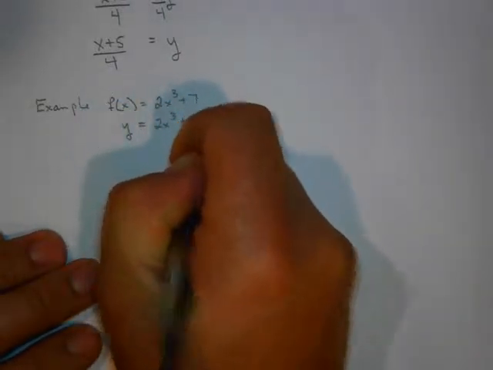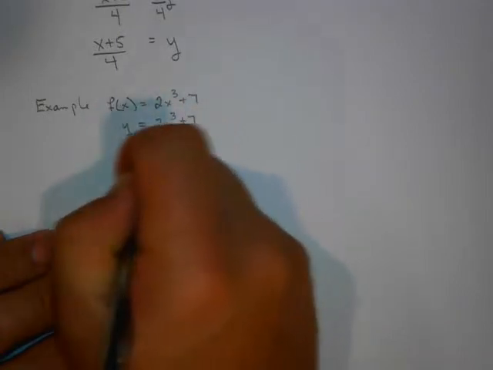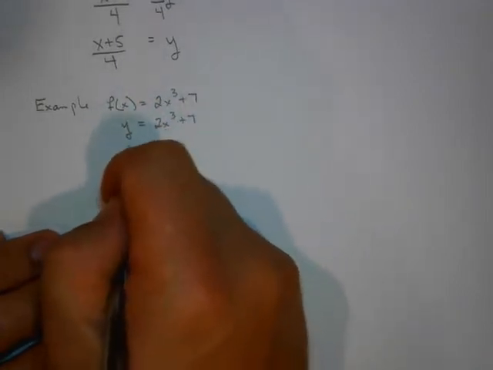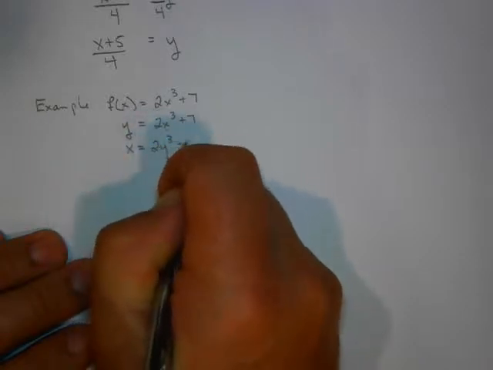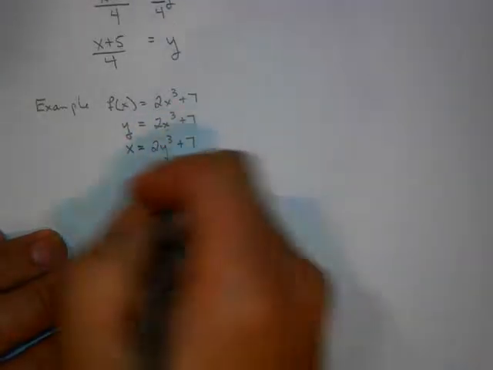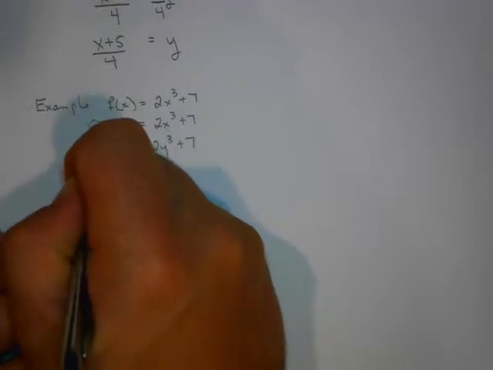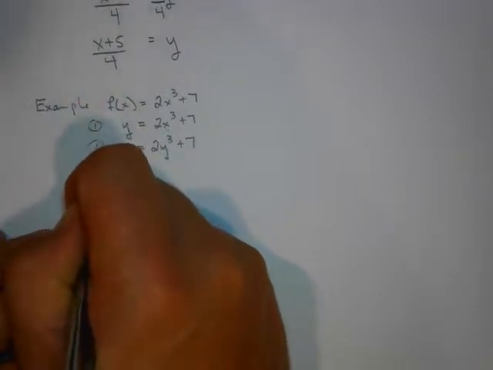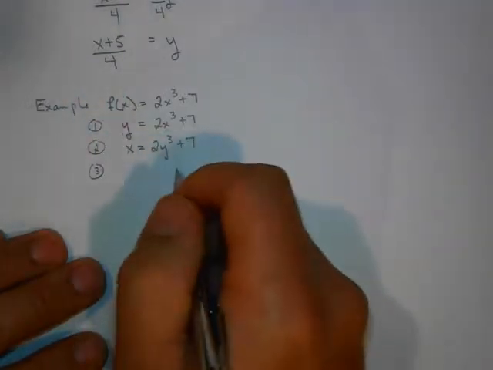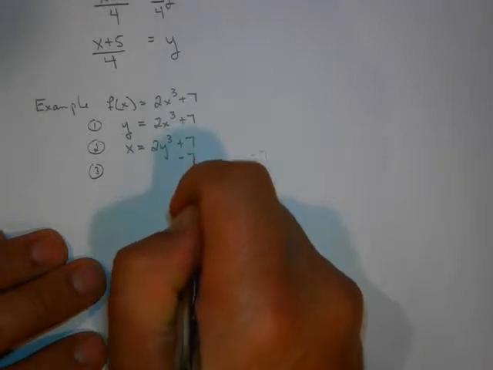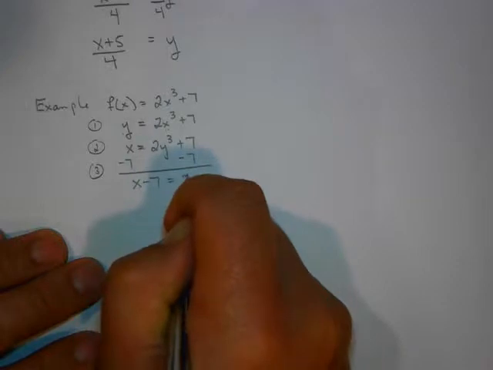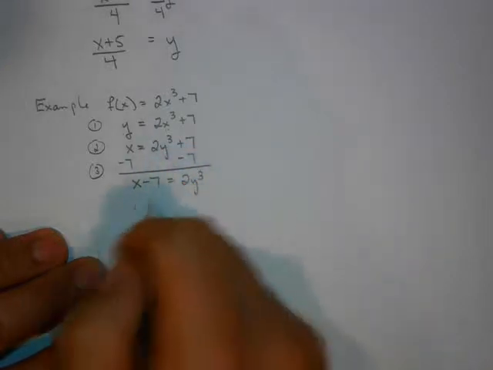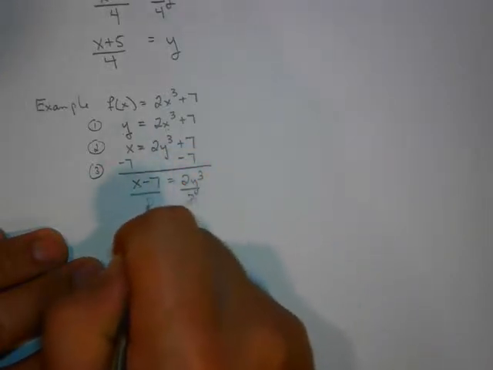Interchange them. X equals 2y cubed plus 7. So this is step 1. This is step 2. Now step 3, we're going to solve. Minus 7, minus 7. X minus 7 equals 2y cubed. Divide by 2.